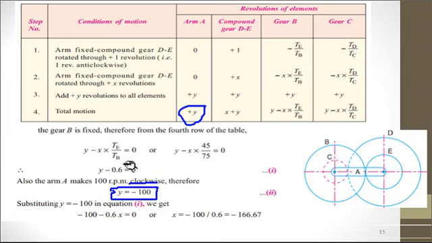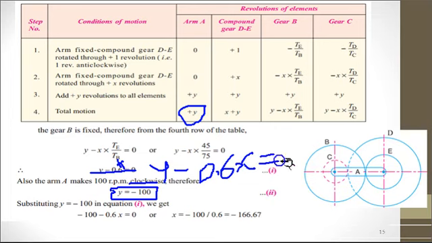Let us substitute the value. Here they made a mistake in the slide. We need to write Y minus 0.6 into X is equal to 0.